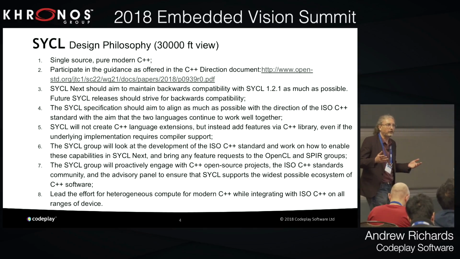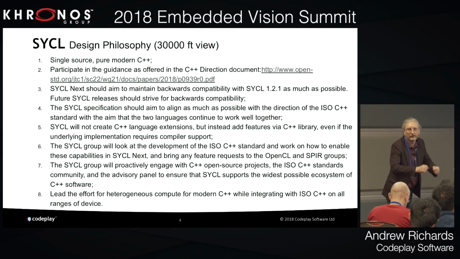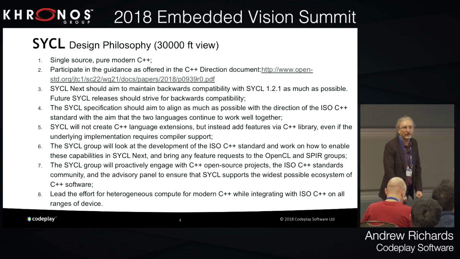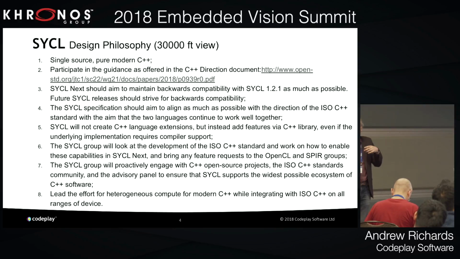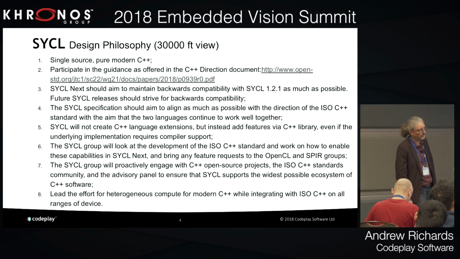Whereas in the Khronos Group, we define standards for hardware that doesn't even exist yet. So the Khronos philosophy is much more to push forward the hardware, push forward the technology very fast. Whereas the ISO C++ standards body is much more conservative. They push lots of language features, but they try it a lot first. People have to prove these things in the wild first.